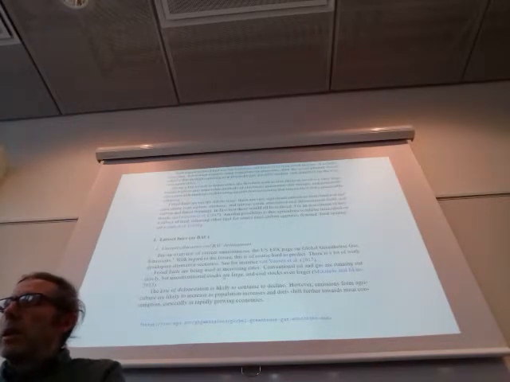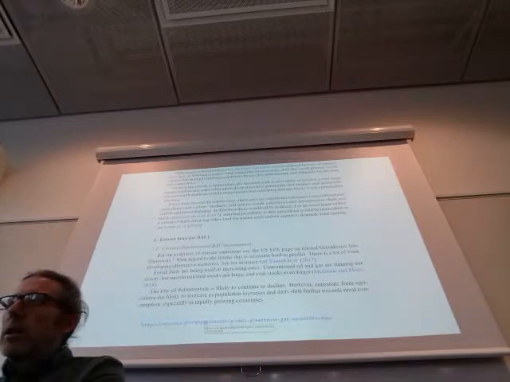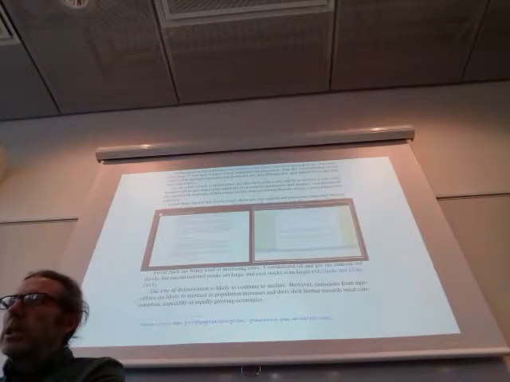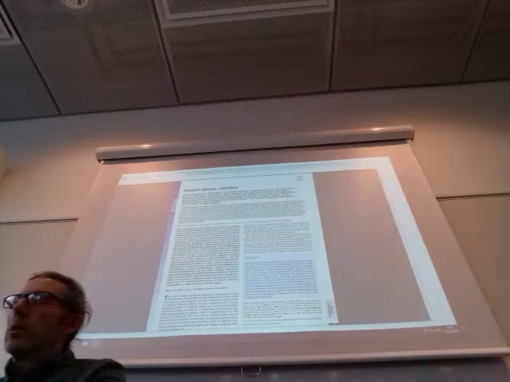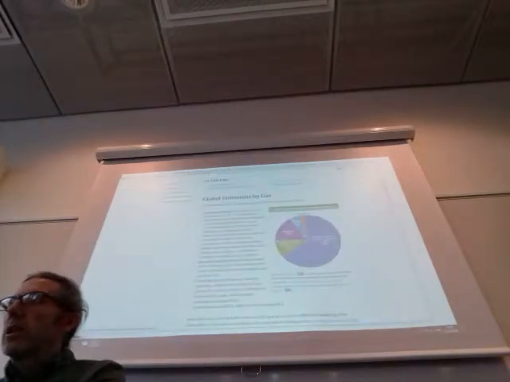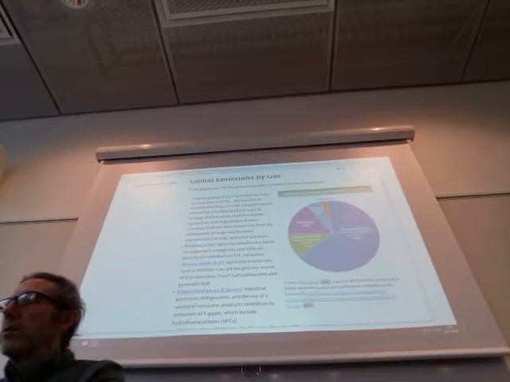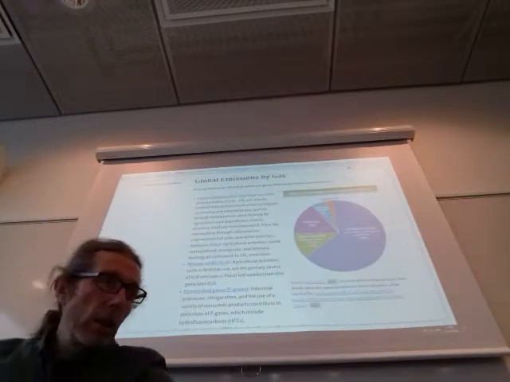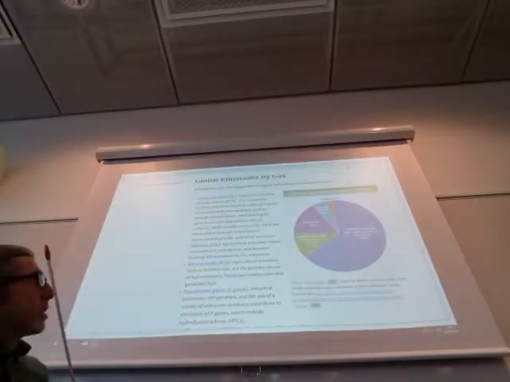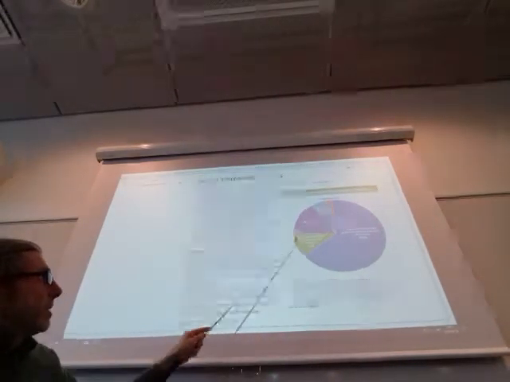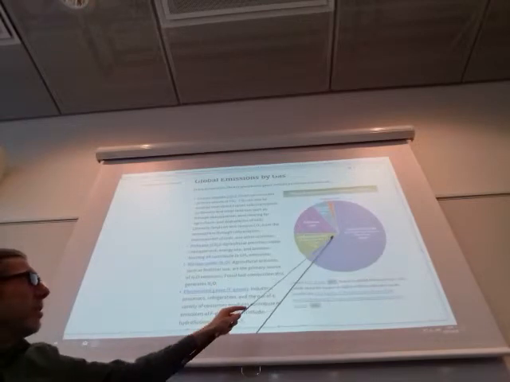Okay, let's just have a quick look at this EPA page, which you've probably seen this kind of thing, just to give you an idea of what's the scale of these different types of emissions.